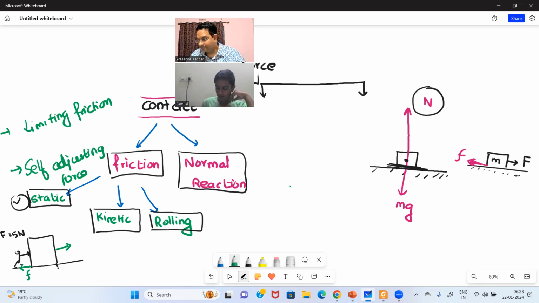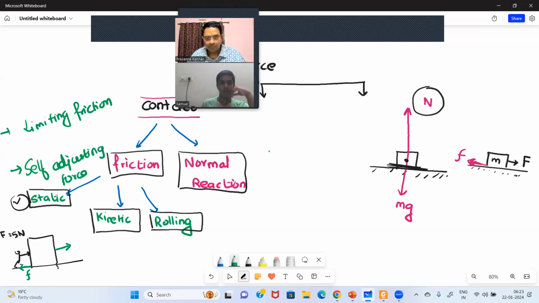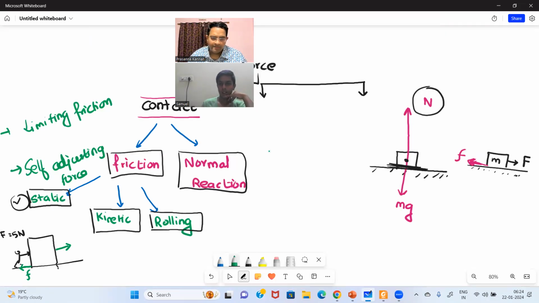What do I mean by that? Let's say I apply 12 Newton. Until I apply 12 Newton, the almirah won't move. Once you gather enough strength and apply 12 Newton, that's exactly when the almirah will start moving.